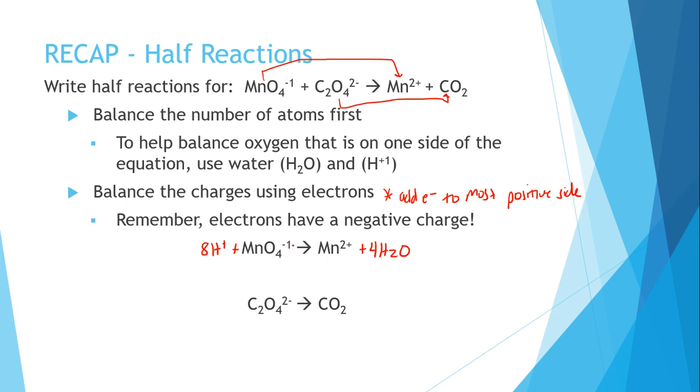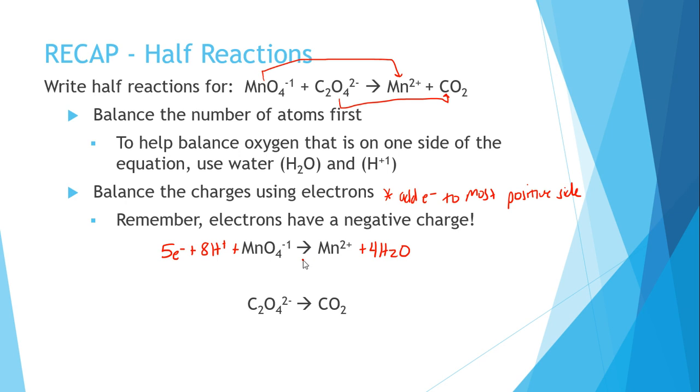Here, 8 minus 1 gives me a 7 charge over here and a plus 2 charge over here. So last week we learned to add 5 electrons here to bring that 7 down to a 2. And now it's completely balanced.